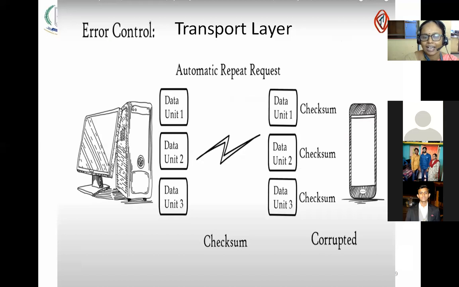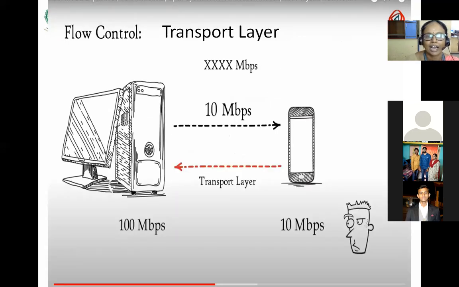Again, I'm saying error control. While I'm dividing my data into small parts, it always checks error correction and whether anything is corrupted. That is done by error control and flow control. This is the meaning of flow control: if I'm receiving 10 Mbps while the server is delivering 100 Mbps, the transport layer will communicate to the server to slow down or increase the speed depending on my speed.